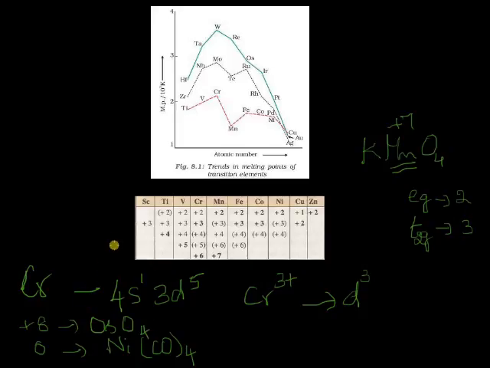Then one more thing is, in the lowest oxidation state, the metal exhibits ionic character, and in the highest oxidation state, it exhibits covalent character. For example, Mn2+ would be ionic, and the Mn+7 state would be covalent.